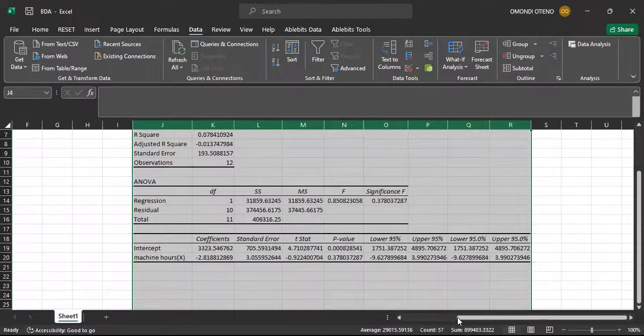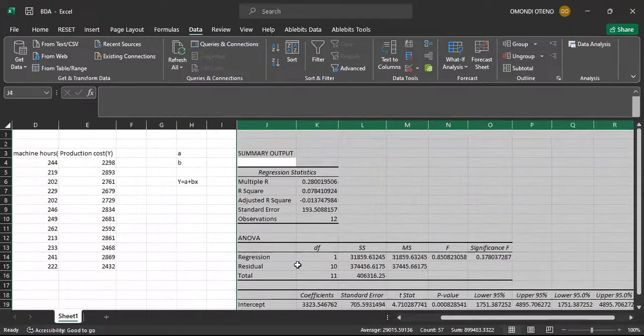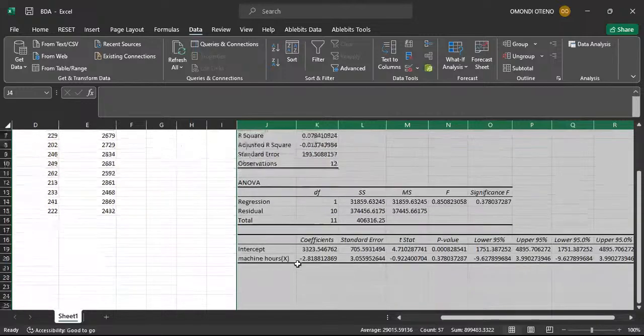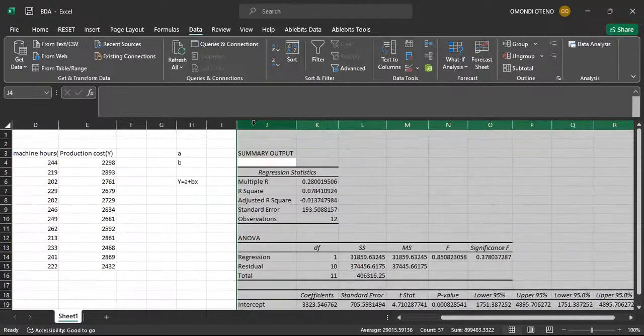Once that is done, you should be able to see this. There's a new thing that I want us to see within the regression. So if you've been able to do regression, I want you to have this.